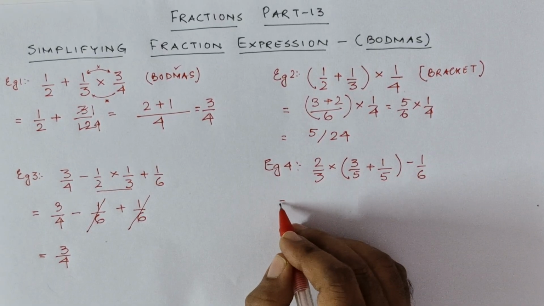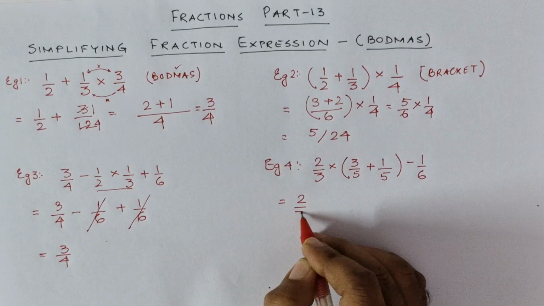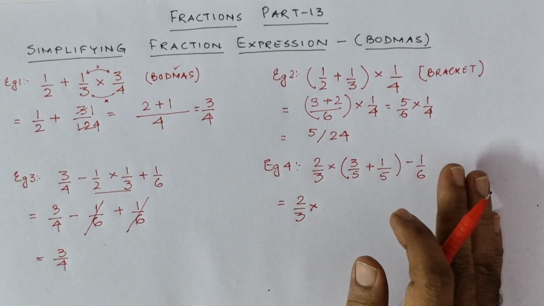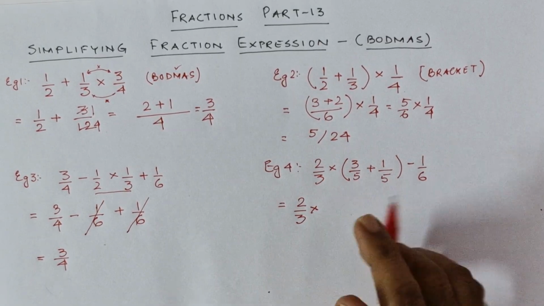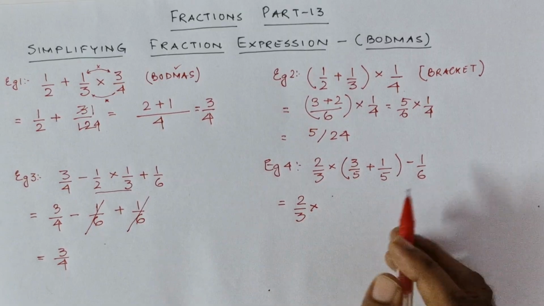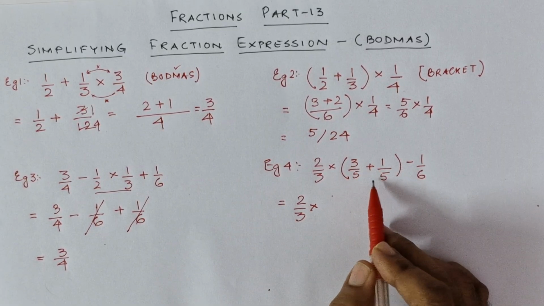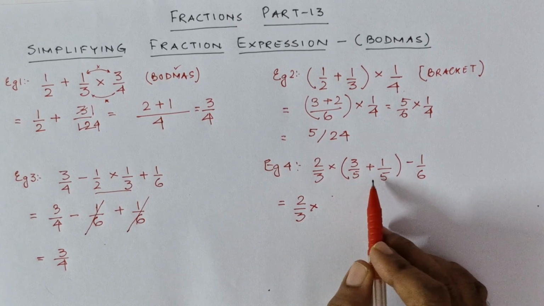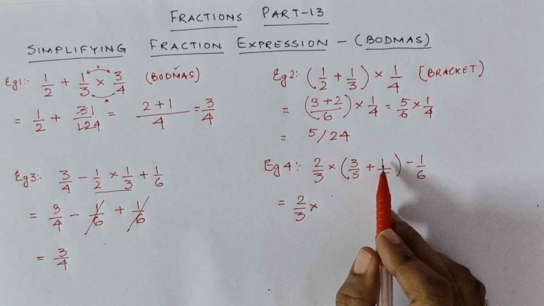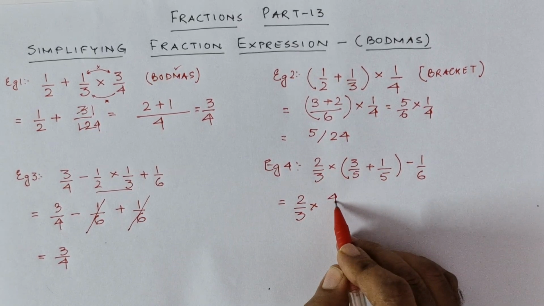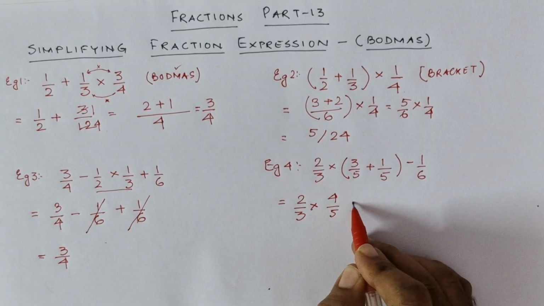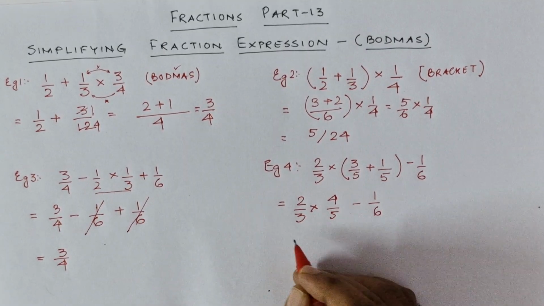So bracket first, and we'll keep all the other expressions the same. So 3 by 5 plus 1 by 5 is 4 by 5. Why? Because these are like fractions. So straight away keep the denominator the same and add the numerators. So it becomes 4 by 5 into 2/3 minus 1 by 6.